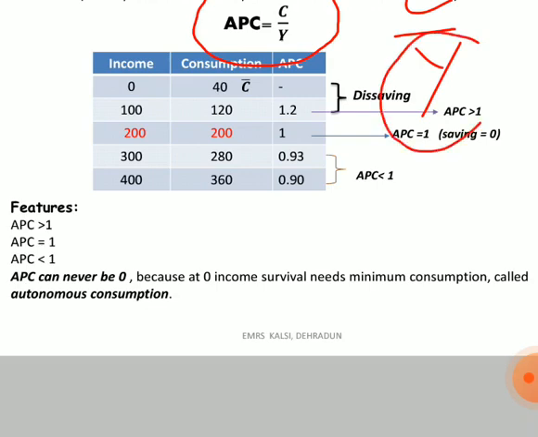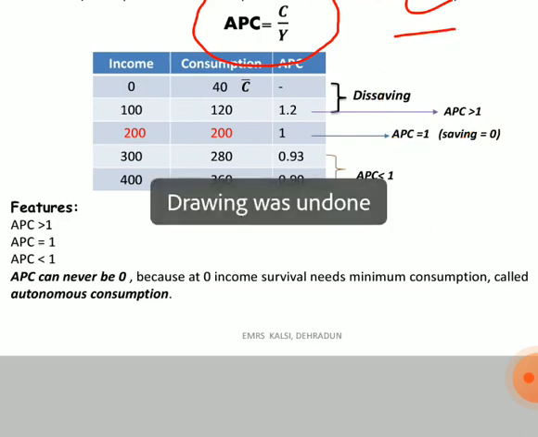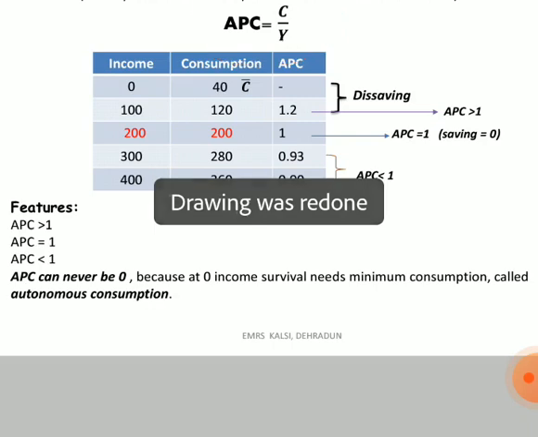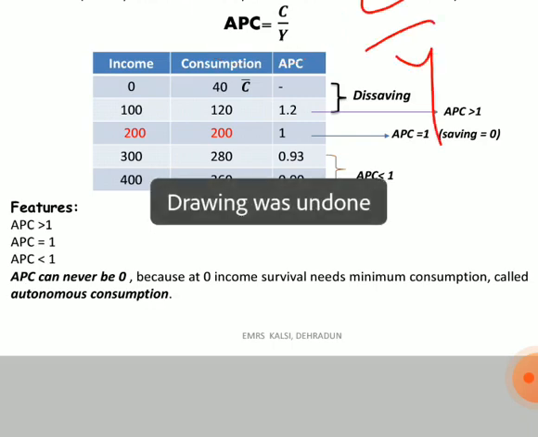Out of my income, how much money am I willing to spend on consumption? If my income is 200 rupees, out of 200 rupees, how much money am I willing to consume? We calculate APC by dividing C upon Y.